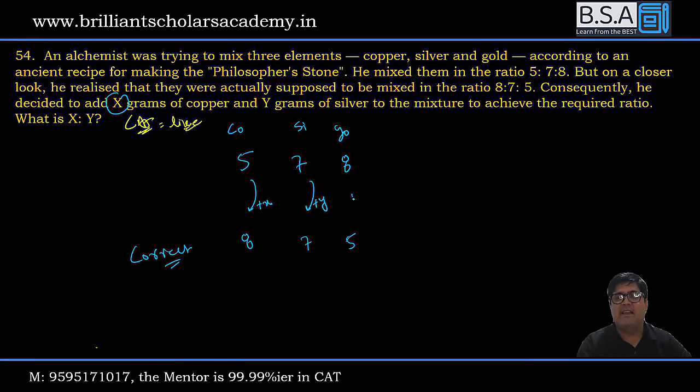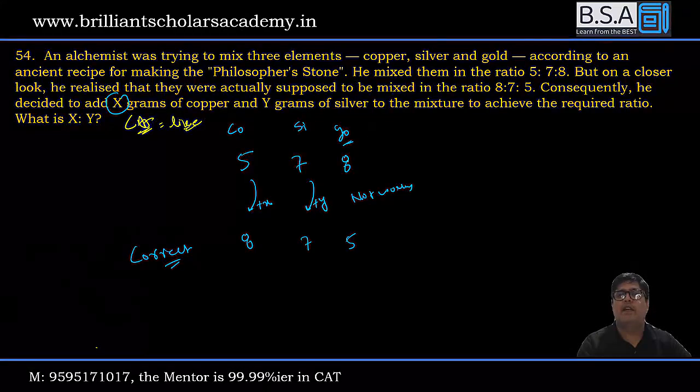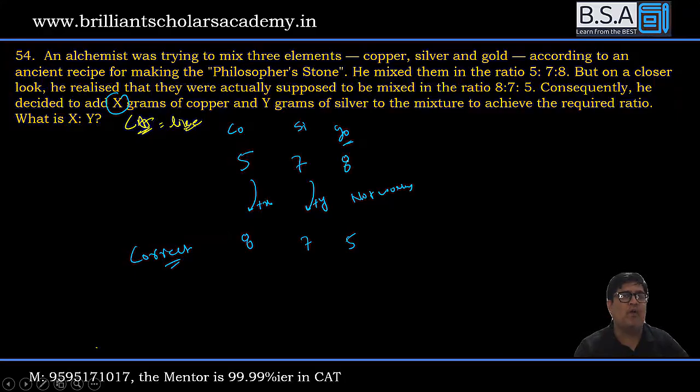Can I say he is not working on the quantity of gold? He is not moving the amount of gold around. Can I say that means gold should be the same here and here? The component that did not change is gold. Gold must be identical for both. So you multiply 5 here and you multiply 8 here.